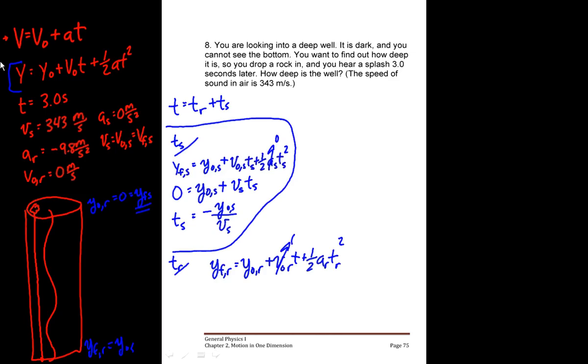V naught I already know is 0. I also know that y naught for the rock is 0, so that simplifies the expression, and I can solve for t_r. So t_r is equal to the root of 2 times y_fr, that's final for the rock, divided by a_r.